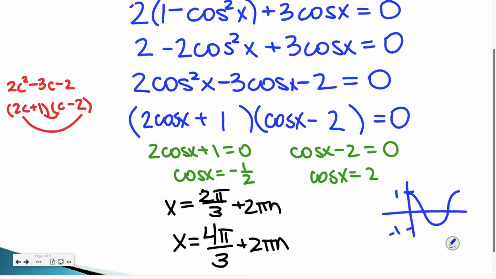So that's not possible. The cosine of x cannot equal 2, ever. Unit circle or not, it's not a possibility. Both cosine of x and sine of x have a range of negative 1 to 1. And so if we have something outside of that range, it doesn't work. Algebraically, it works, but we don't have an angle to satisfy that. So show me that you thought about it, but it doesn't work. And then these would be your only two answers.